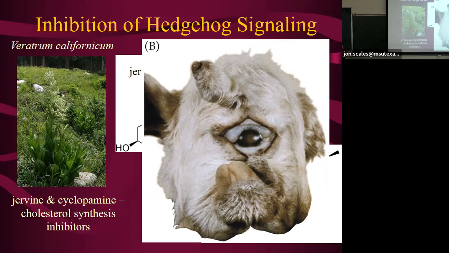Cyclopamine, cycloptic. So hedgehog, one of its major things is to make two sides to the nervous system instead of not. So signaling early on prevents that from happening, or lack of signaling early on prevents that from happening, and you don't get two optic vesicles, you just get one.